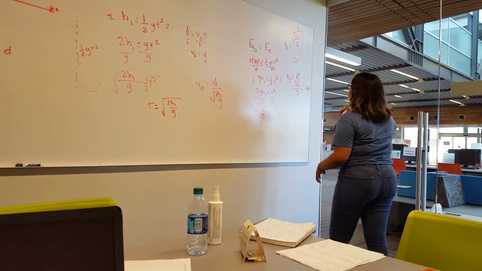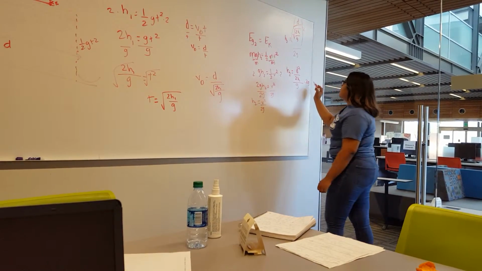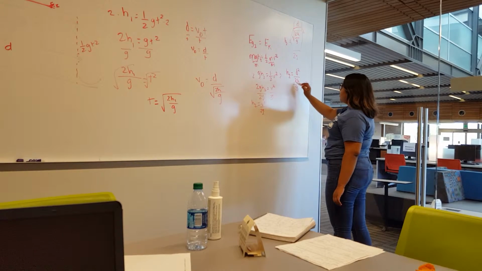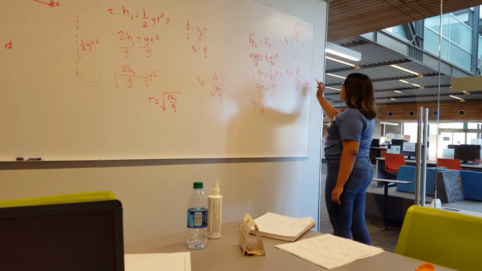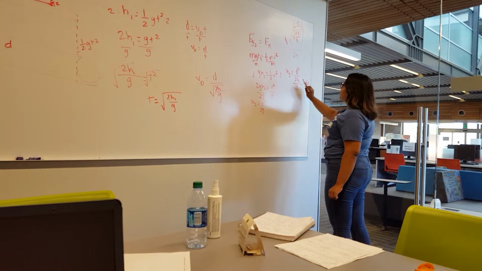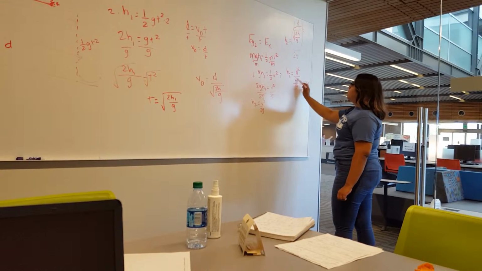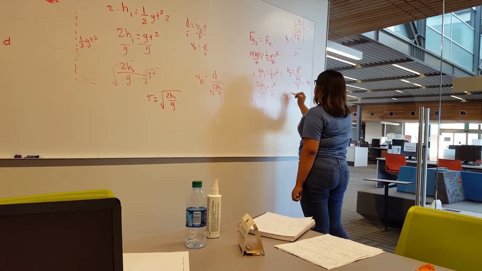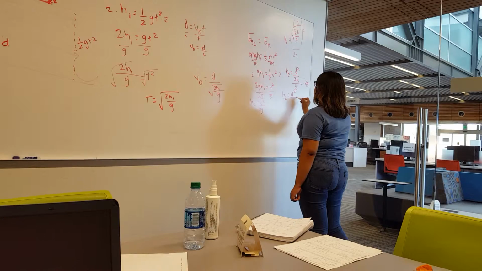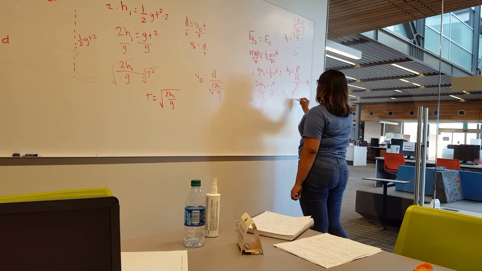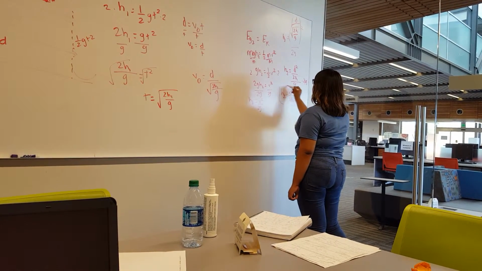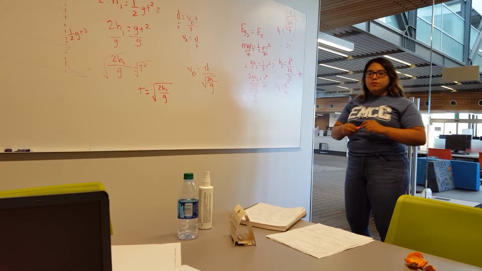Now we can see that a g would cross out, so from here what we're going to do is just multiply these two. And we have gotten our answer for h2.